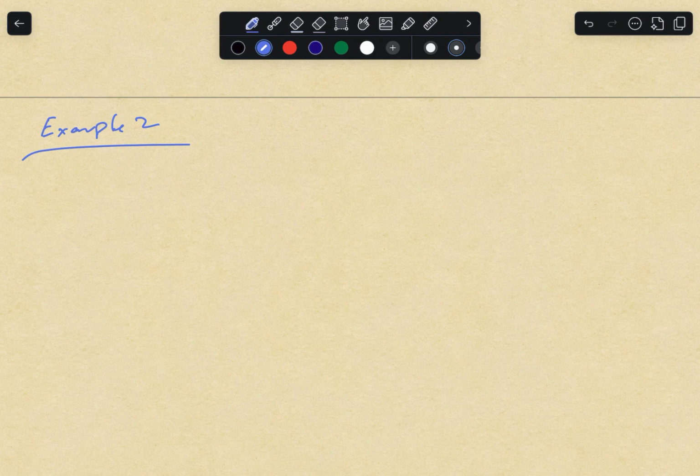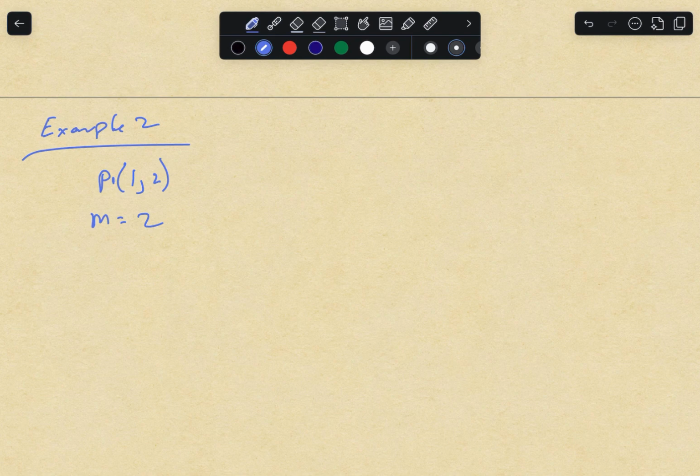Write an equation of a line that passes through a point, and we'll just call it point P because there's only one. The point is (1, 2), and it has a slope of 2. So m equals 2.